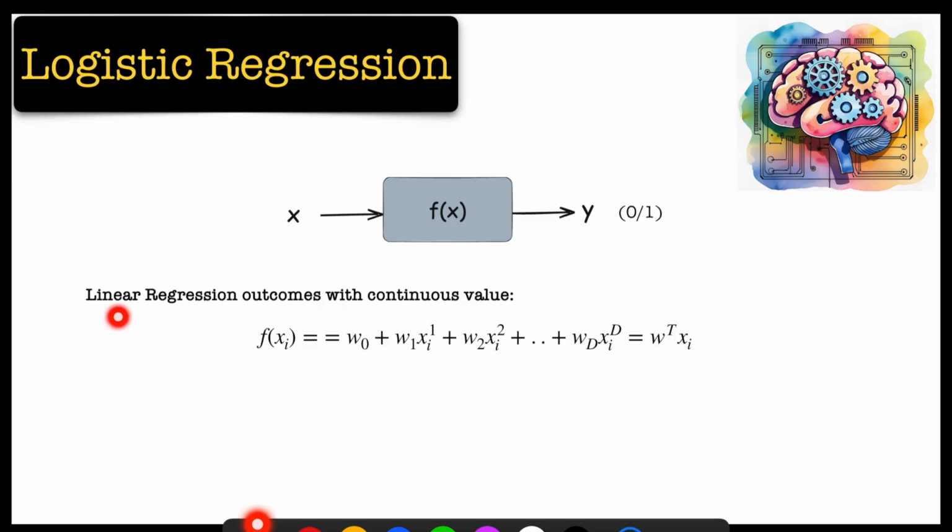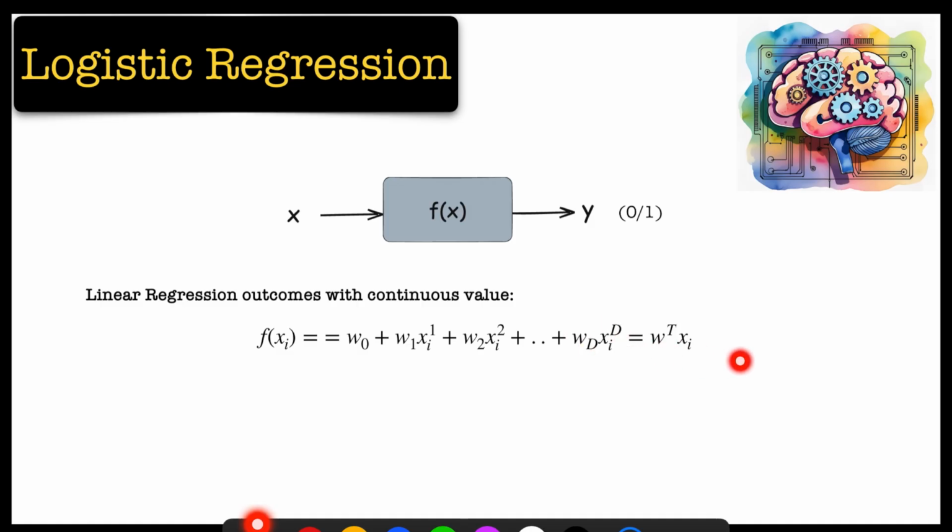So in case of linear regression, our output was this. We had this d-dimensional data and we had weights W0, W1 till WD, and f of xi for any input xi was the predicted output: W0 plus W1 xi1, W2 xi2 till WD xid.